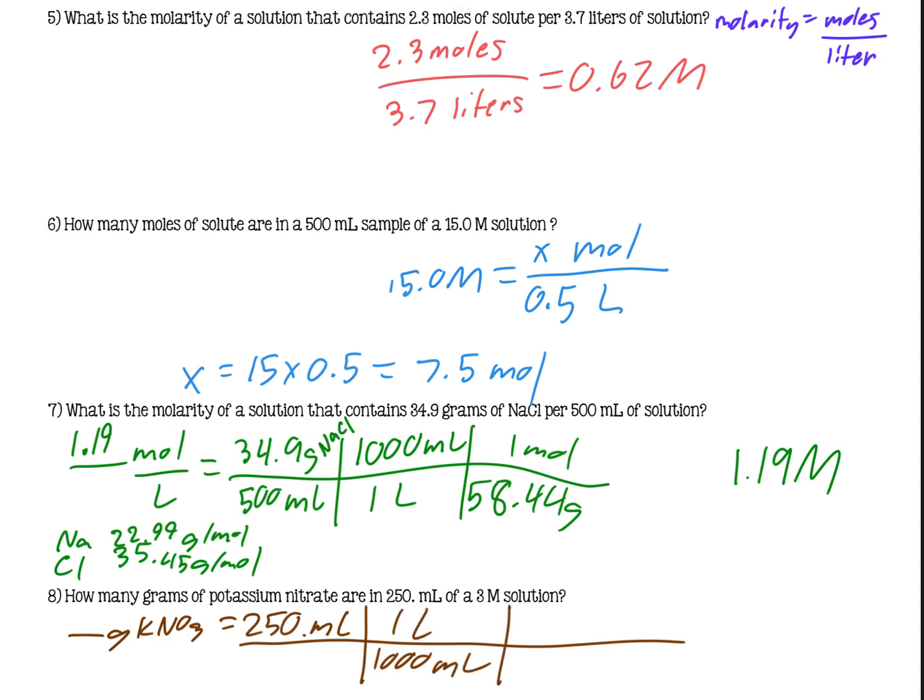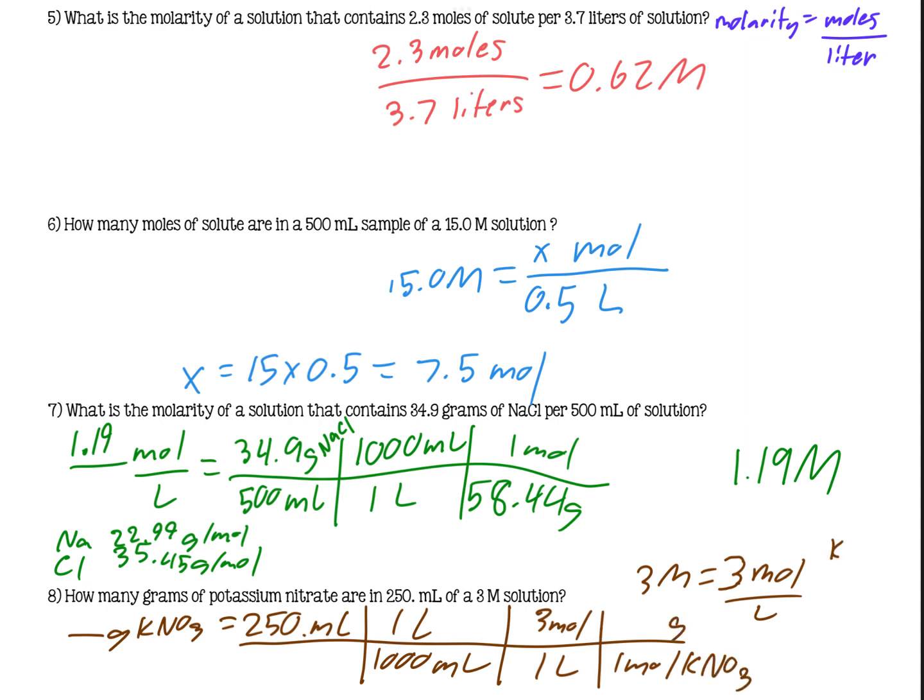We also know, because 3 molar means 3 moles per liter, that 1 liter is 3 moles. Then we're going to say that 1 mole of KNO3 is how many grams?